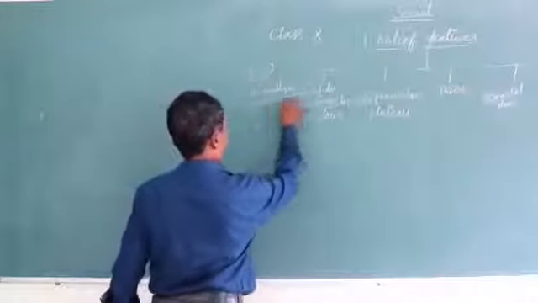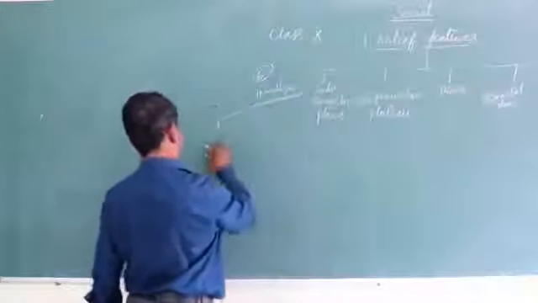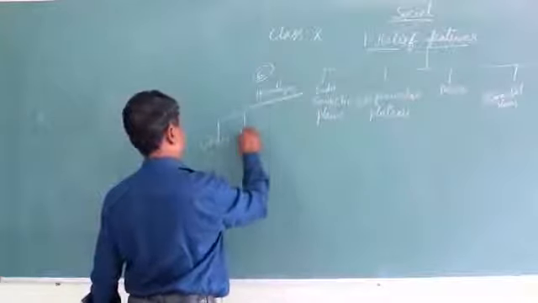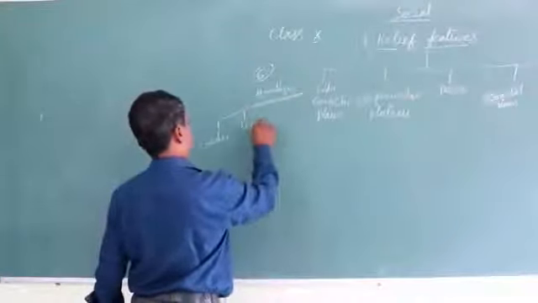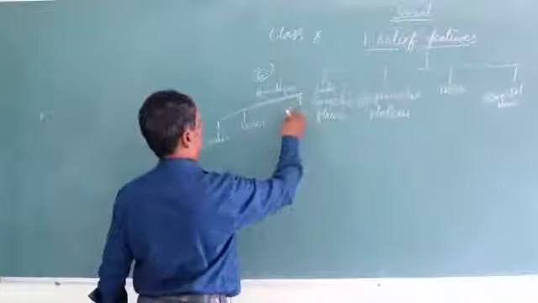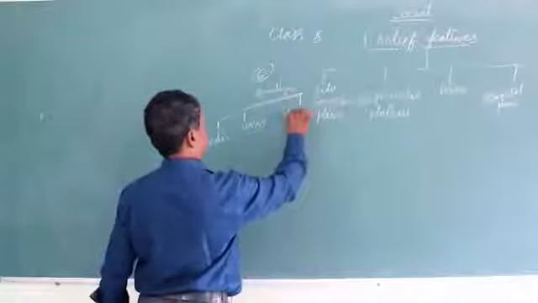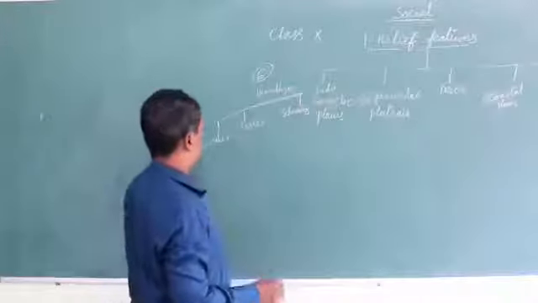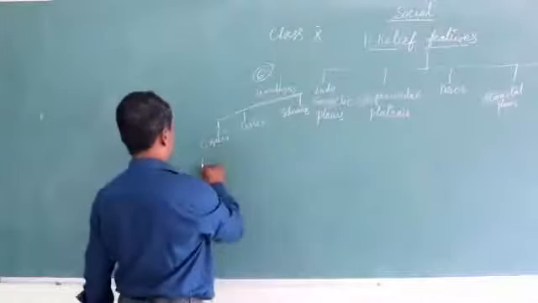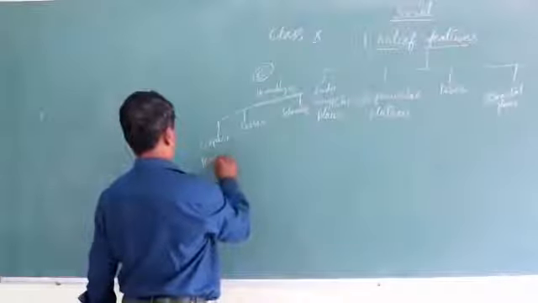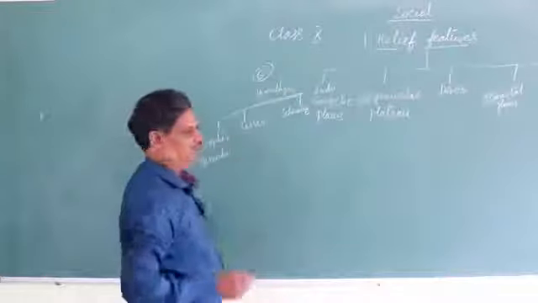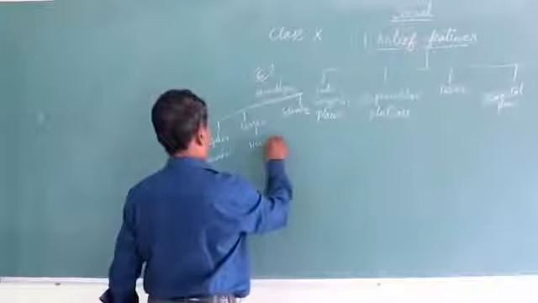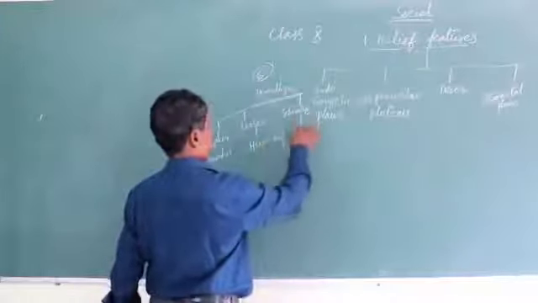Himalayas are 3: greater, lesser, and Shivaliks. Okay, already we have finished this. Greater means Himadri. This is Himachal.